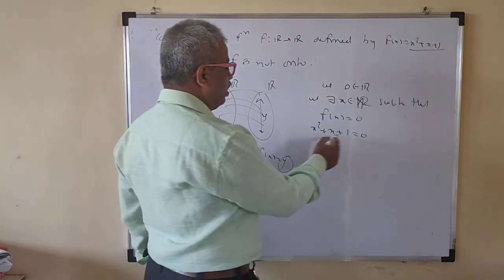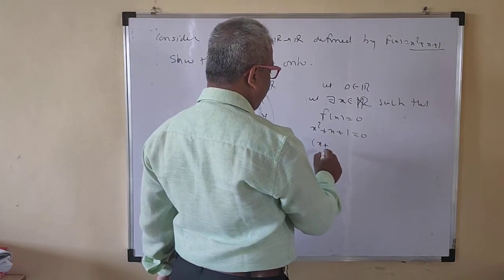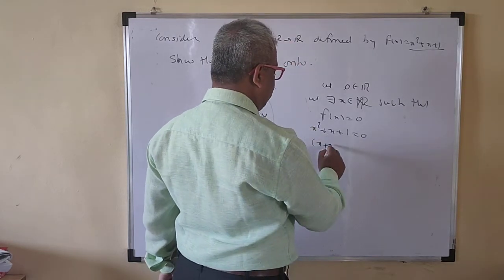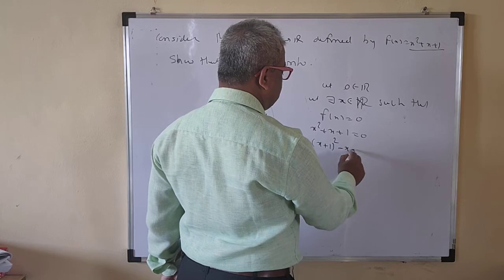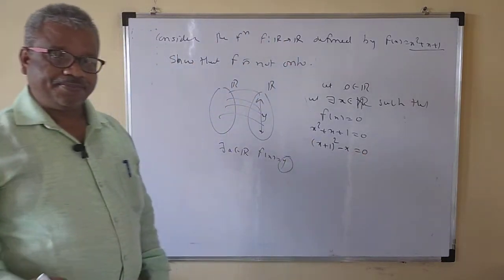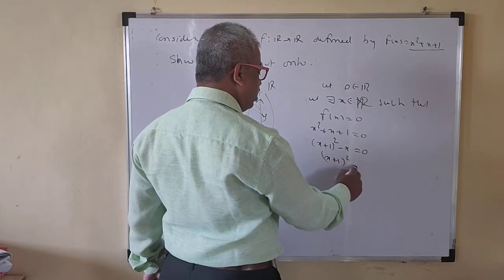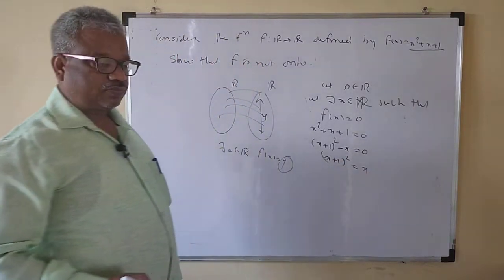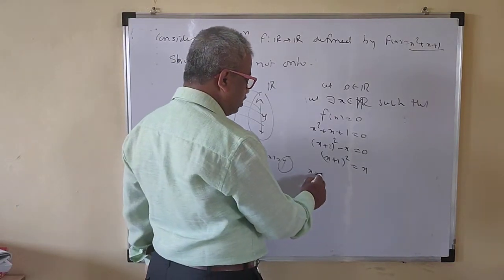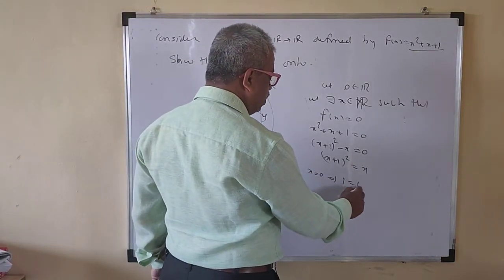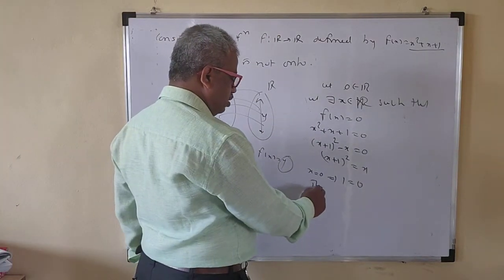So now we can write this as x plus 1 square minus x is equal to 0. I can write x square plus x plus 1 as x plus 1 square minus x, since x plus 1 square contains twice x. So x plus 1 square is equal to x. So if you put x is equal to 0, it implies that 1 is equal to 0. So this is not possible.